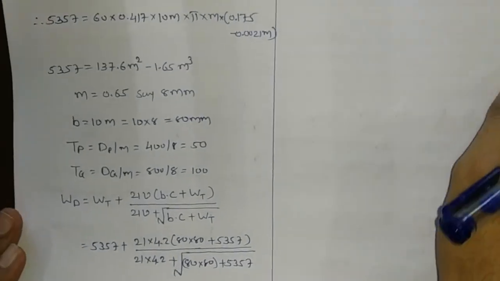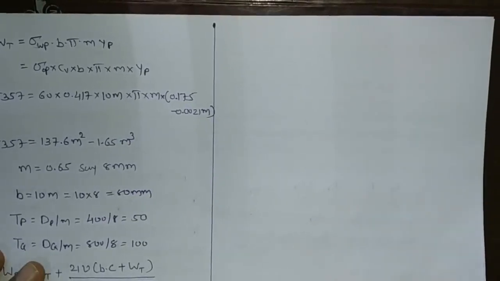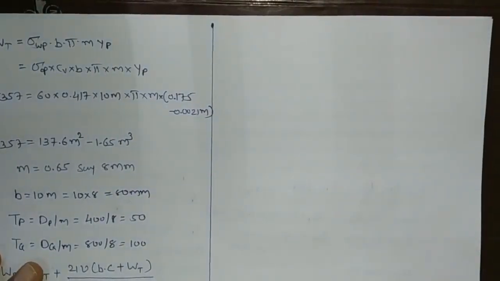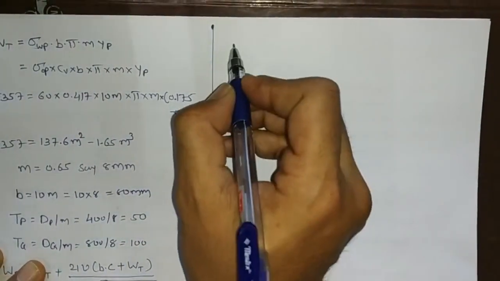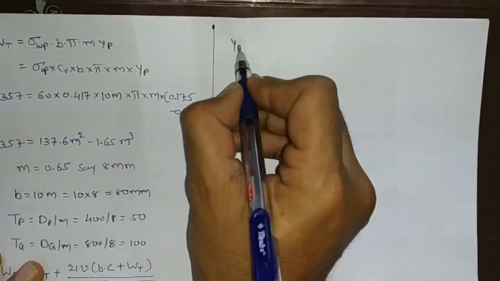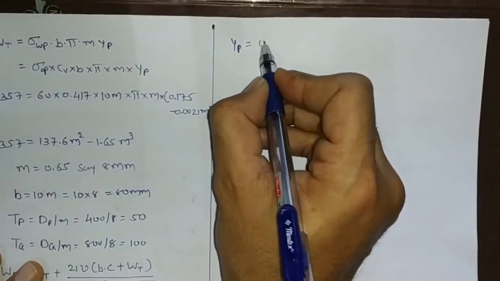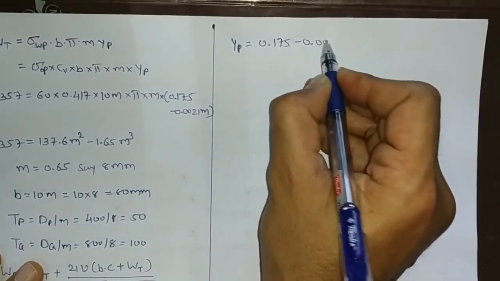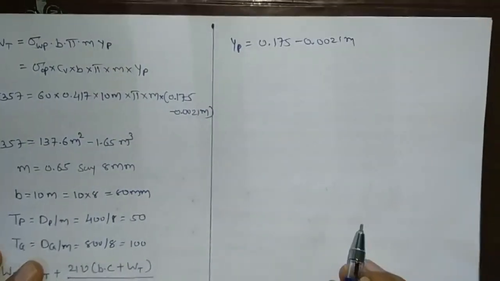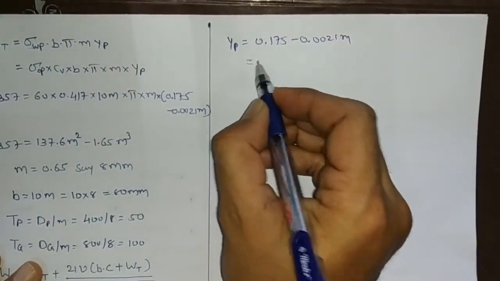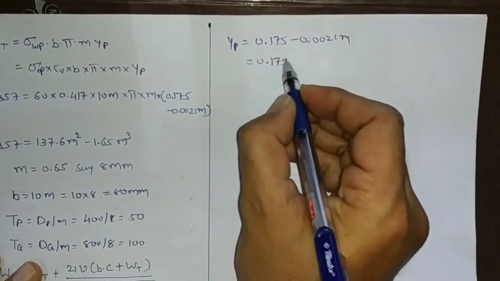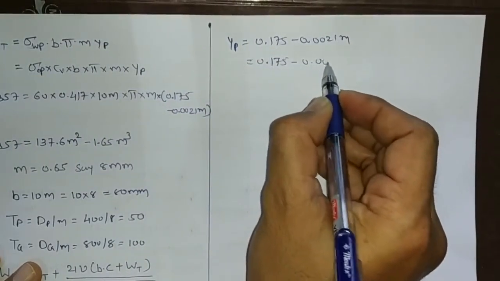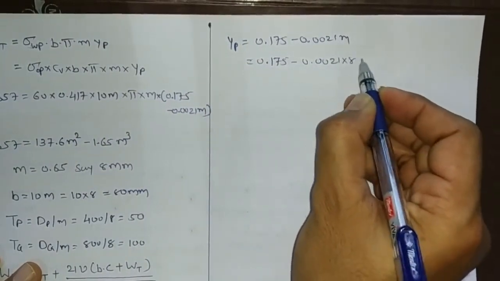Now let us find the Lewis form factor YP. We have found the equation YP is equal to 0.175 minus 0.0021 m, and put m is equal to 8 in this equation. So 0.175 minus 0.0021 into 8.